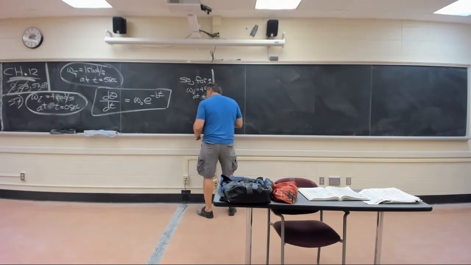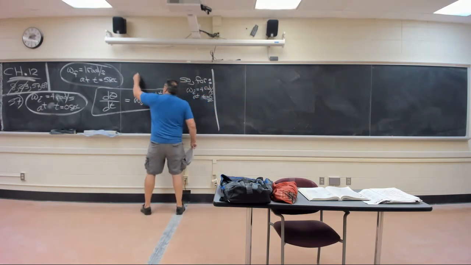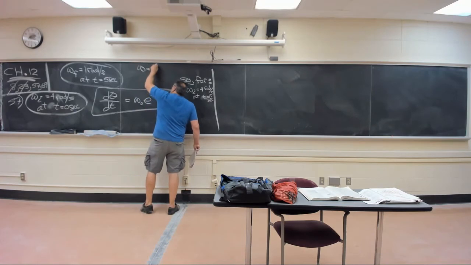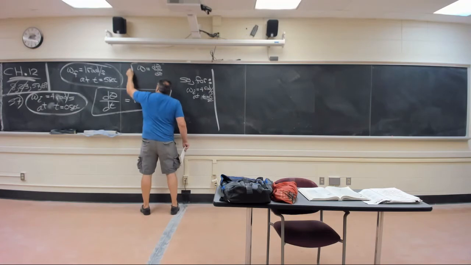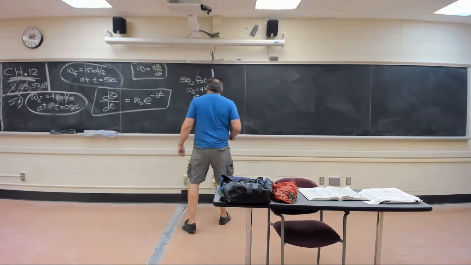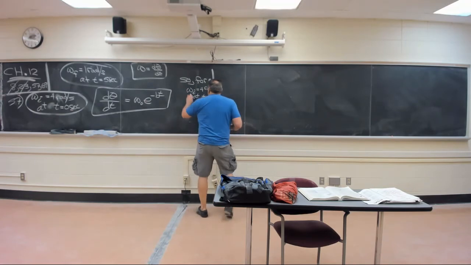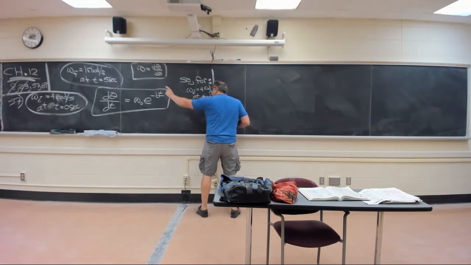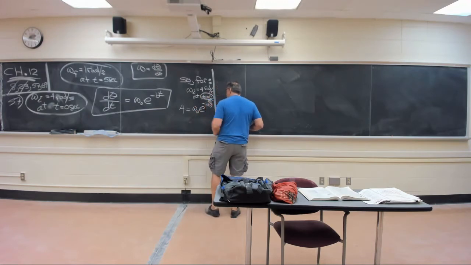Now remember now, guys, let's be reminded, d theta dt is equal to omega in this whole setup here. If omega sub I is 4 radians per second, d theta dt is 4 radians per second. Omega sub 0 is, I don't know what it is. E is E. B is, I don't know what it is, but it's negative B. At t equals 0, ladies and gentlemen, I do know that.